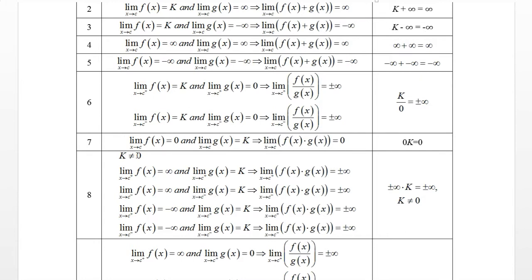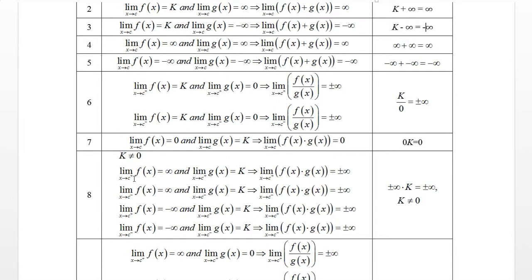Now if we have a constant that's not 0, and one is going to infinity and the other one's going to k, then that will go to infinity. But be careful because it might be infinity or minus infinity. It depends on what's going on here. And again, we should probably talk about this only as a one-sided limit here.